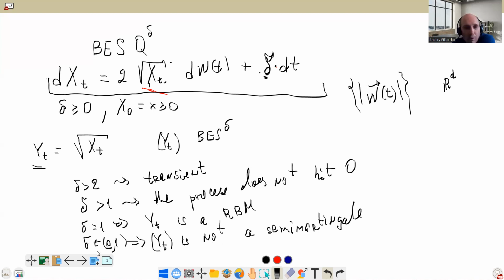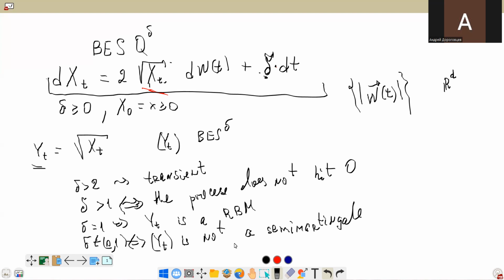Actually, delta belongs to (0,1) if and only if y is not a semi-martingale, and the process does not hit 0 if and only if delta is greater than 1. Can I ask a question about the last property?